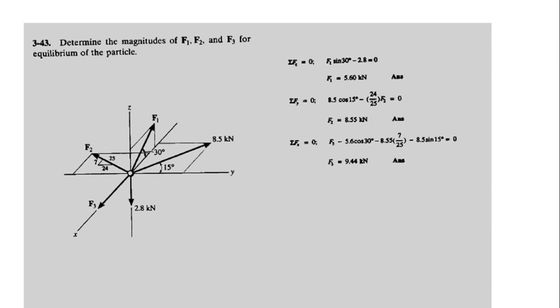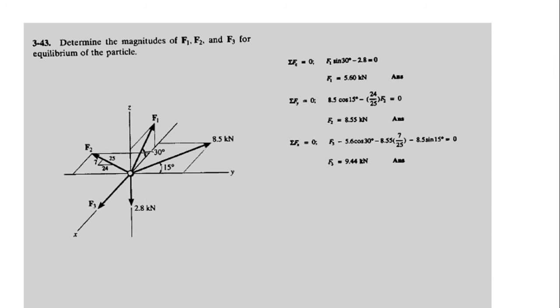Now you go to sigma Fx. If you go to sigma Fx, what you will be getting over here is basically F3 lying on the positive x, and then the F1 component, which will be 5.6 cos 30, on the negative x-axis.